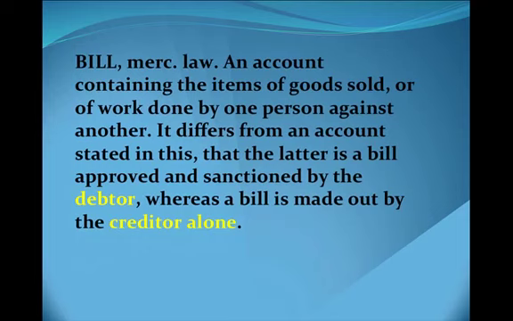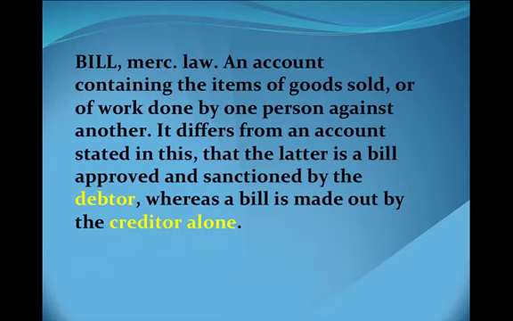Okay, now let's look at what a bill is. It comes from the mercantile law: an account containing the items of goods sold or of work done by one person against another. It differs from an account stated in this. The latter is a bill approved and sanctioned by the debtor, whereas a bill is made out by the creditor alone.